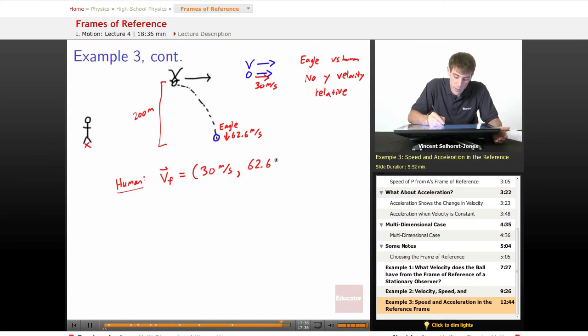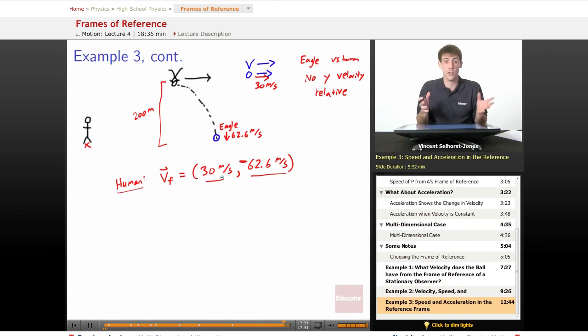So 62.6 meters per second, and since we're in components, we have to have a negative sign. And that's what the human sees: the same vertical speed as before, but now, in addition, it's got this horizontal component, because the only relative difference that they have is this horizontal thing.